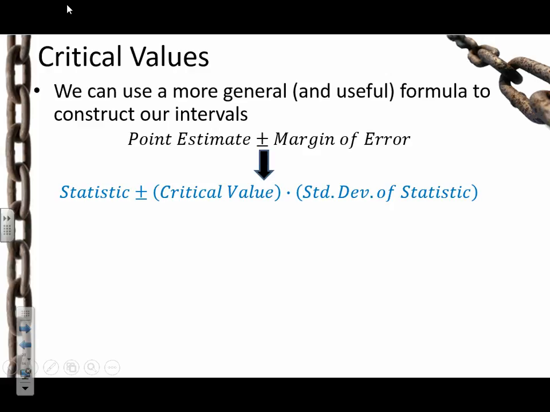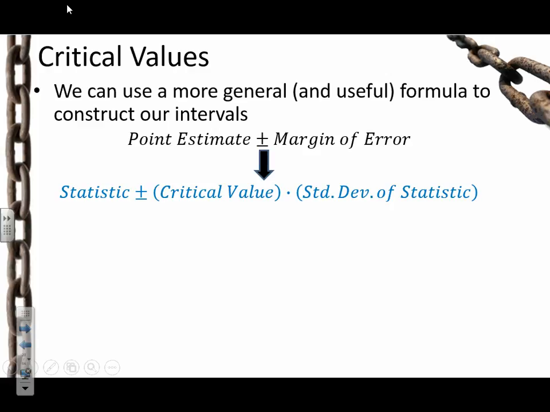Okay? So they said that the mean was 240, the standard deviation was 5. We want to have a 95% confidence interval. Well, with 95% confidence, what we said was we have to reach 2 standard deviations in each direction, right? That 2 is what we consider the critical value for that confidence interval. Since we wanted 95%, we need to reach 2 times the standard deviation in each direction.